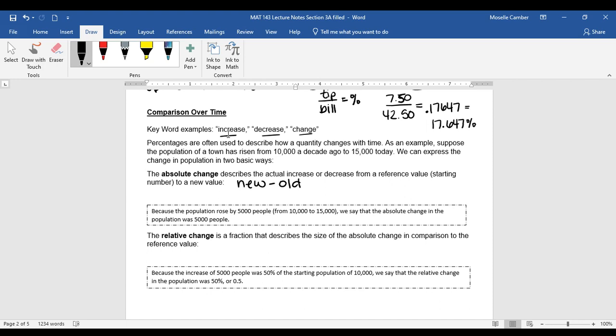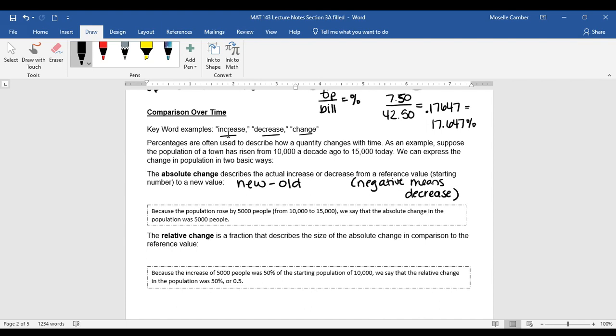Now, note we do the new minus the old to get the change. If it's negative, that would mean it decreased.